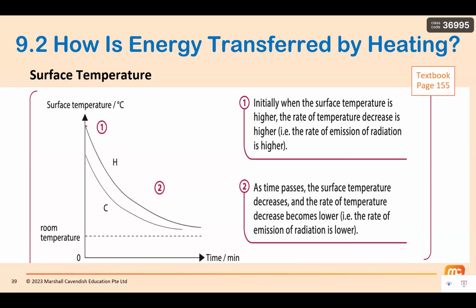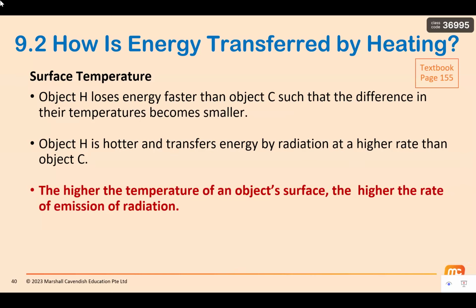So for object H, the steepness of the slope will be greater than C, which has a lower temperature. So the higher the temperature of an object, the higher the rate of emission of infrared radiation.